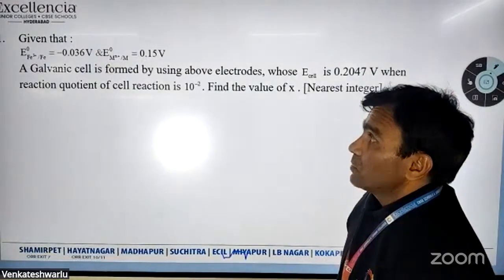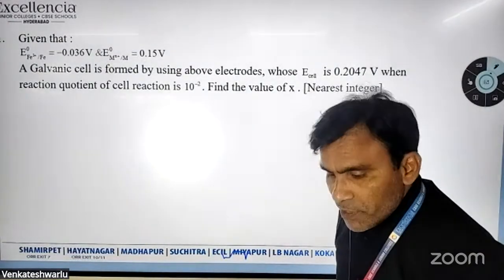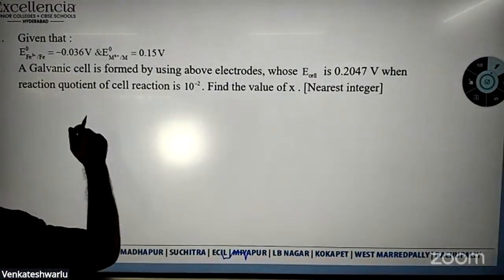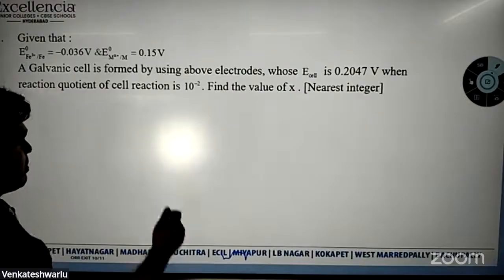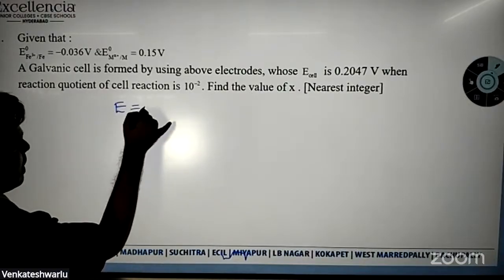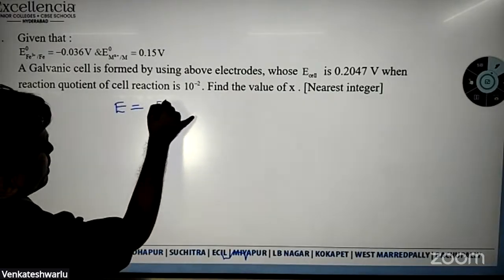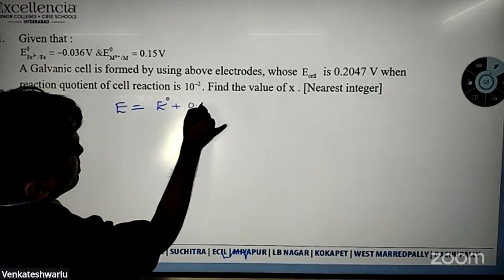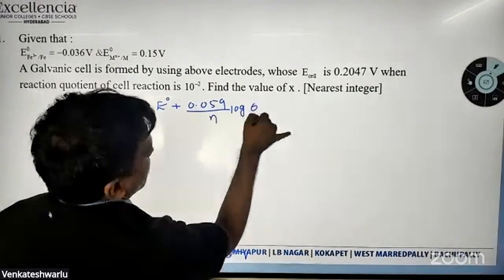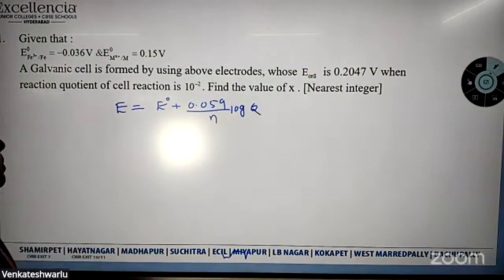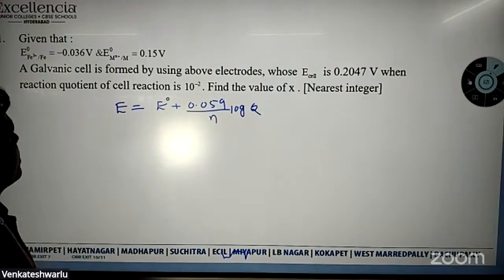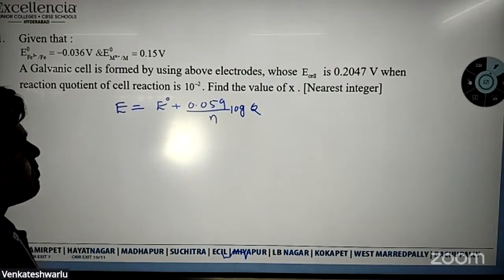So this is one of the important chapters for JEE Mains and also Advanced, right? The question is given from the electrochemistry chapter. Particularly, it is related to the Nernst equation: E is equal to E naught plus 0.0595 into ln Q. Now here, this equation is related to a galvanic cell.